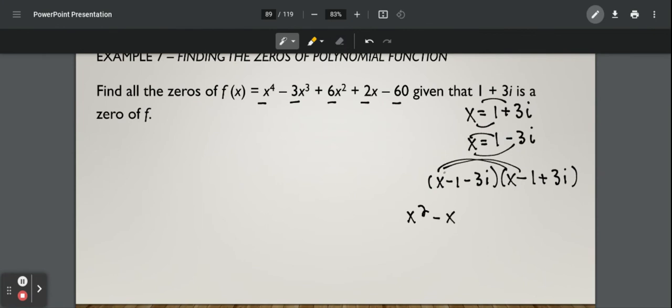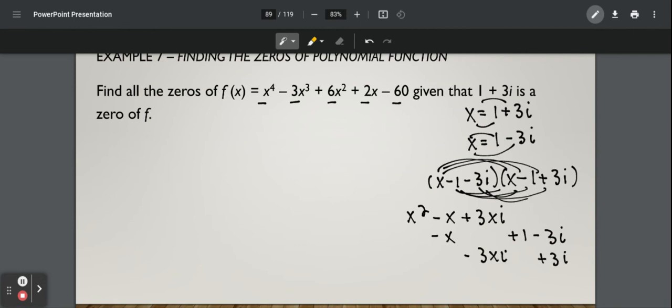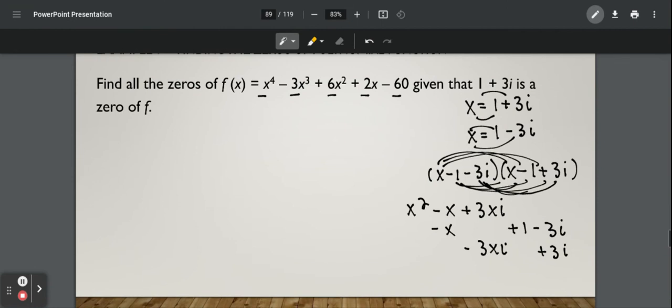minus x plus 3xi. And now I always put my things vertically where they fall. So minus x, so I'm going to put that under my x, plus 1 minus 3i. So I always group my like terms. And then I have minus 3xi plus 3i minus 9i squared, which is the same thing as saying plus 9.